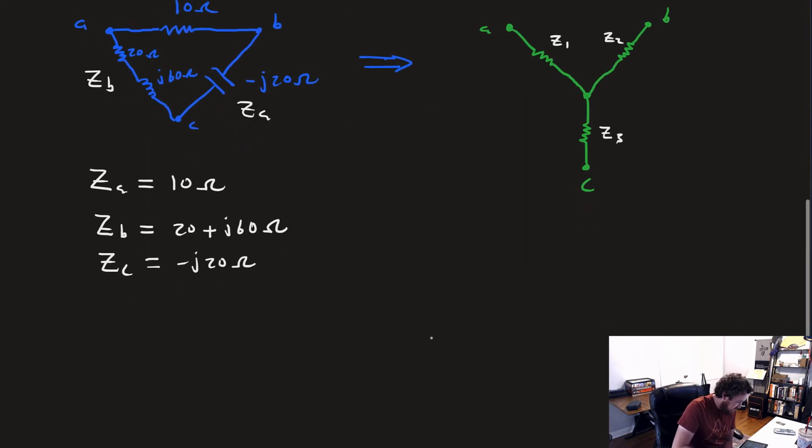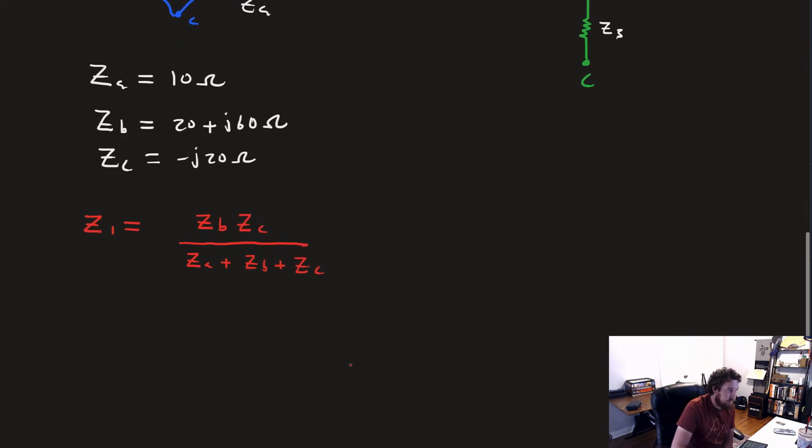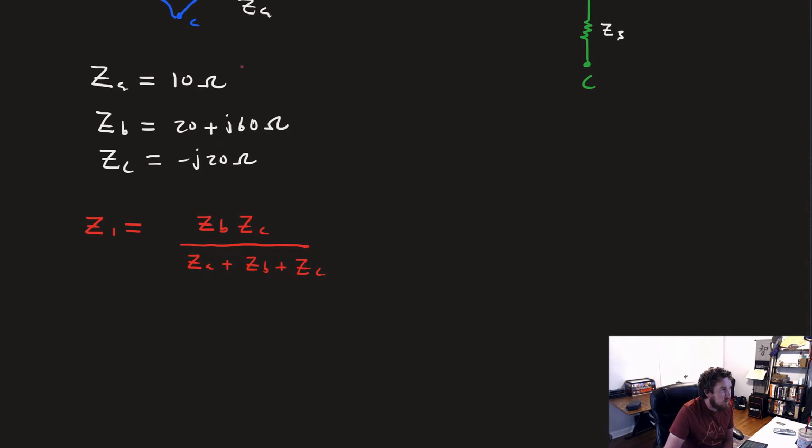So let's just do it with the techniques that we saw in the previous part of this video. Remember, our equation for Z sub 1 is ZB times ZC over the sum ZA plus ZB plus ZC. All right, let's first figure out what this sum is, because we're going to use it over and over again.